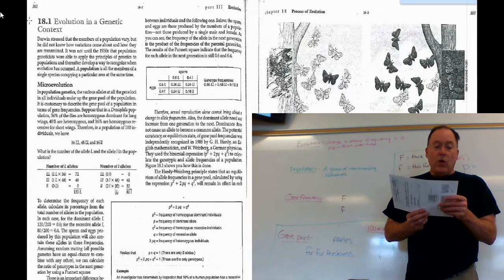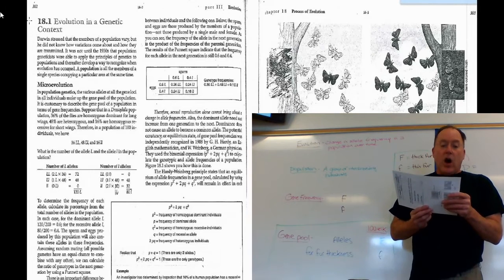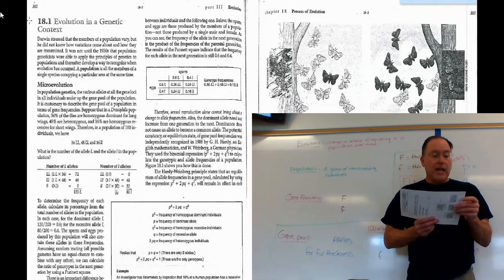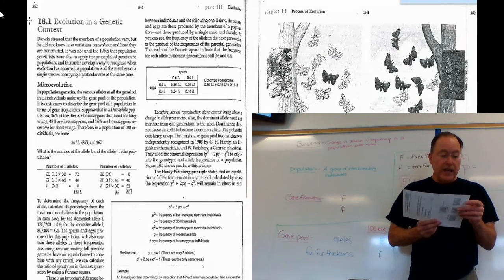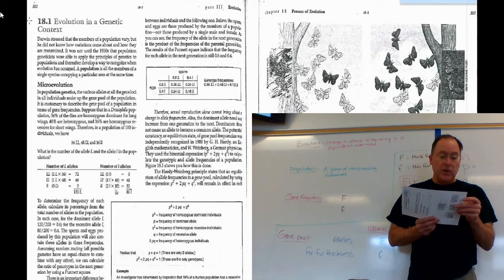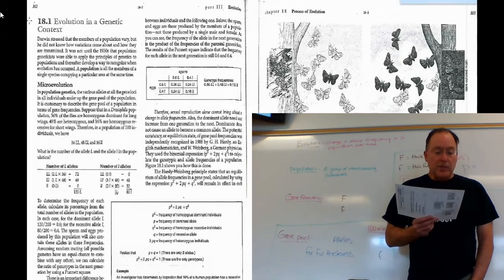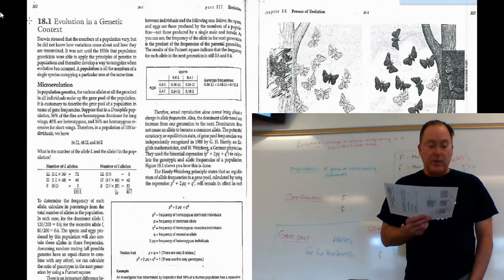A population is all the members of a single species occupying a particular area at the same time. In population genetics, the various alleles at all the gene loci in all individuals make up the gene pool of the population. It's customary to describe the gene pool of a population in terms of gene frequencies.